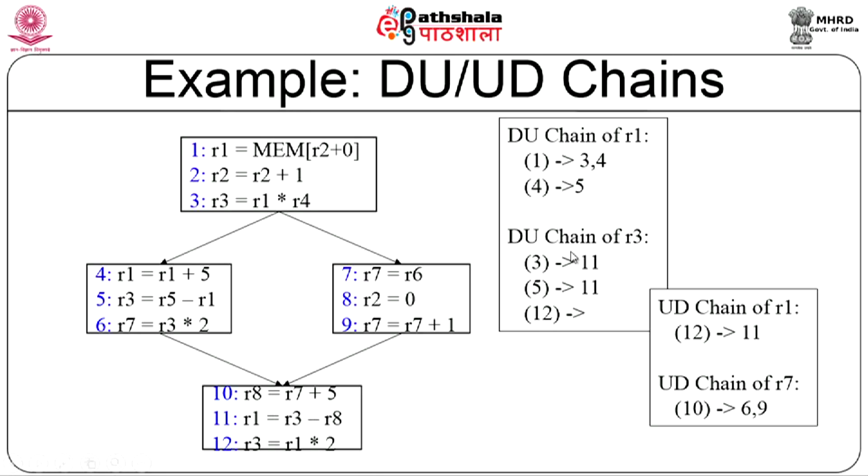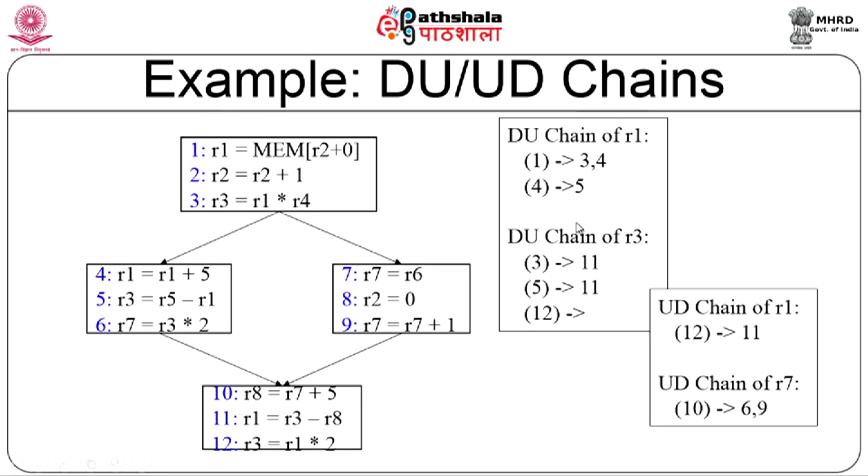So, the definition chain of R3 which was defined in 3 is being used at 11. Alternately, I also define R3 here, which is going to be used by the 11th statement. Now, the defined R3 is going to be used here also. Again, I can also say R3 into 2, so we can say 6 uses R3.